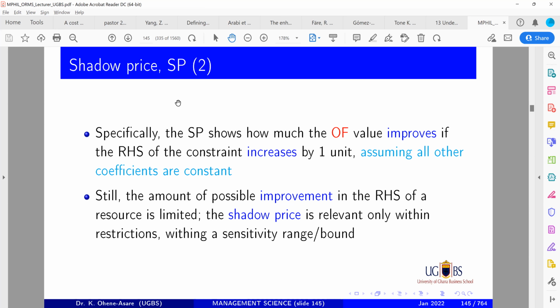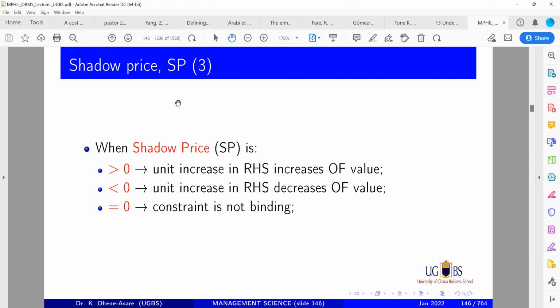So let me ask you some questions related to the shadow price. Note something: when we are dealing with the shadow price, it can be positive, as you see in our case. If it is positive, it means that a unit increase in the right-hand side of the constraint will increase the objective function value.